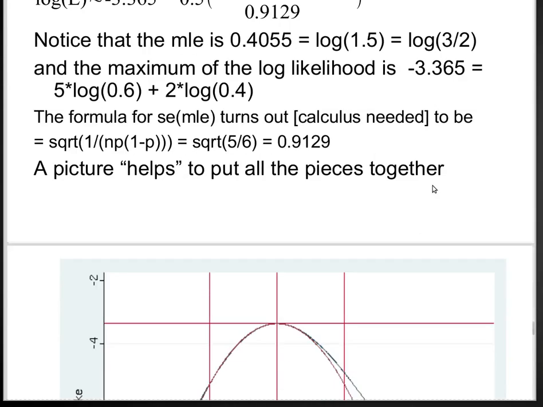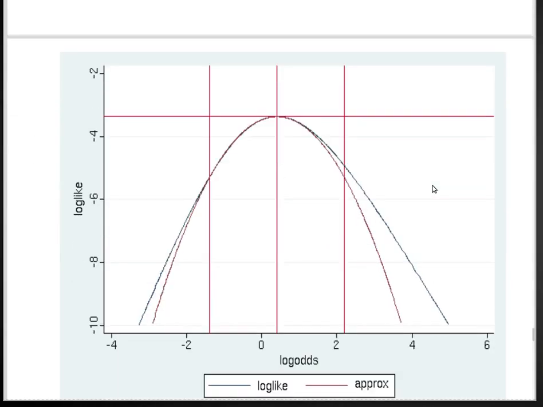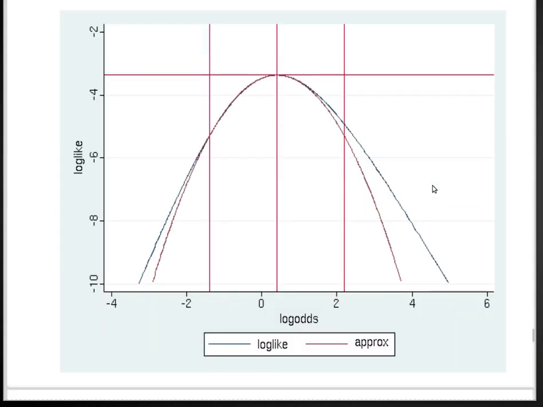All of this can be worked out. Here's a visual, though, of the two. The actual likelihood function in this simple illustration is this blue curve. The approximating parabola is the red curve. Does a pretty good job, at least when you're close to the maximum here. You can see the approximating parabola is close. And this is for a very small data set too, only n equals 5.